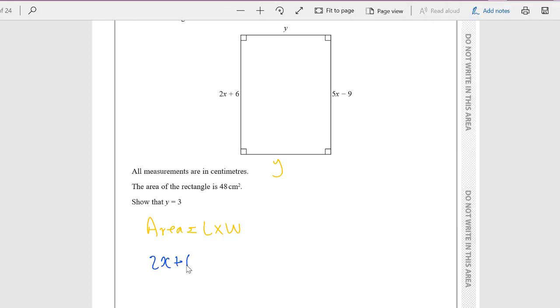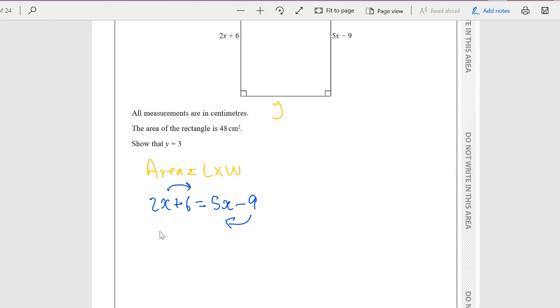So we know that 2x plus 6 equals 5x minus 9. So let's try and group together our like terms so we can find our x. So I'm going to take my x variables there, I'm going to take my numerical values to that side. So we get 5x minus 2x, and then, rather I should have written it the other way around.